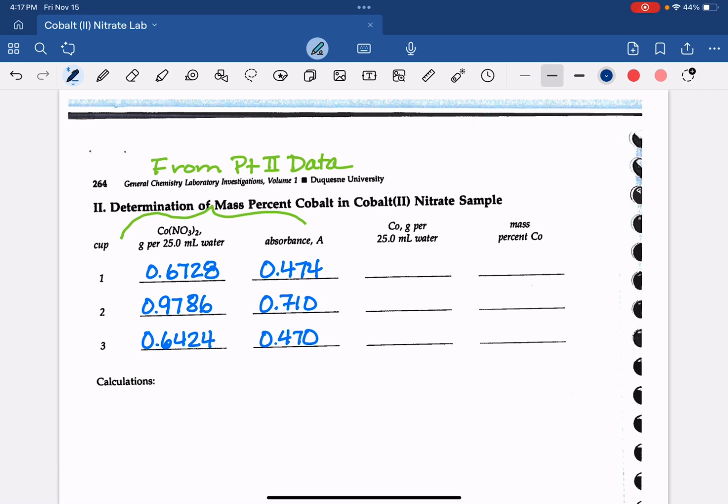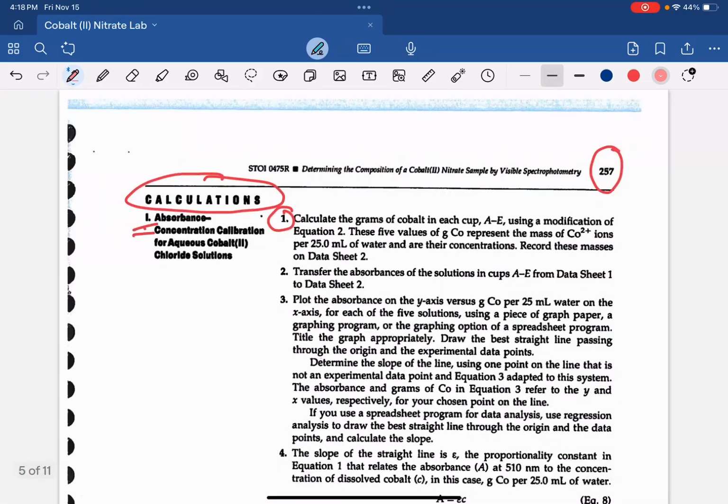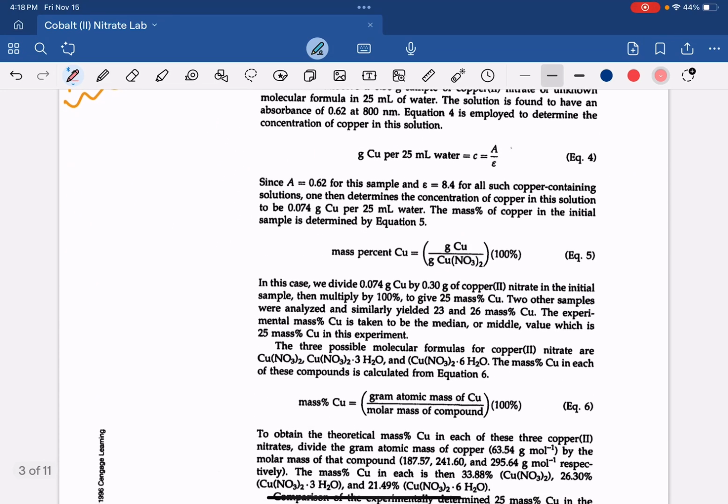Now, essentially, you're figuring out the copper once again. Okay, so the cobalt concentration, you're going to get by doing calculations using Beer's law. Where is this in the experiment? So if you go over to page 253, all right, our information about this is right here.